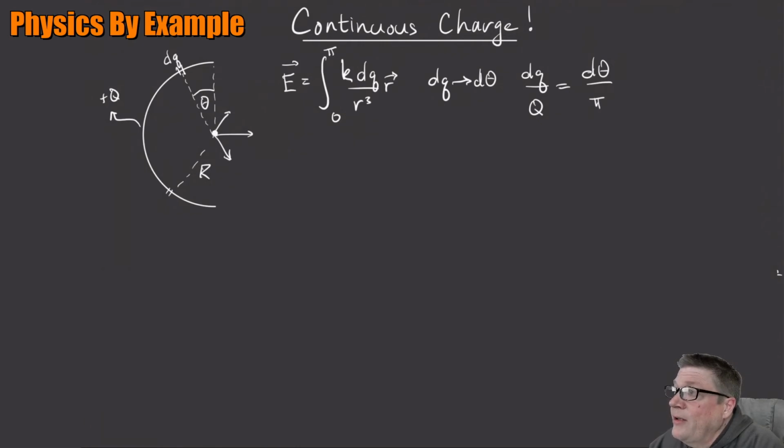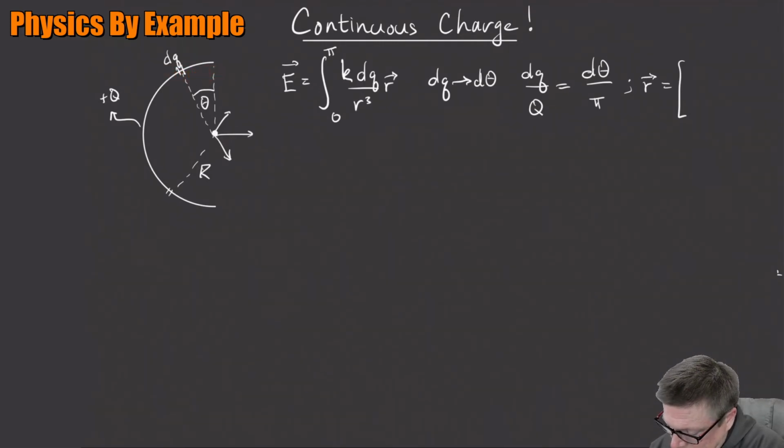And what about our r vector? If I'm up here at my little dq, how am I going to get from there to the origin? I have to go over a certain distance in x, but I can write that distance in terms of theta.